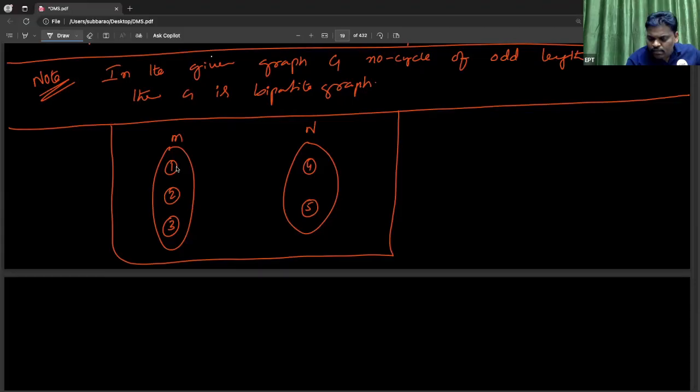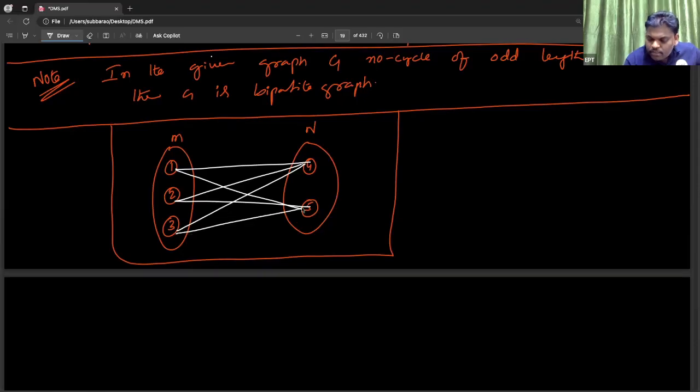Now see the next one. This is also bipartite. Now listen, everyone. In M, vertex 1 has an edge to everywhere in N. Vertex 2 has an edge to everywhere in N. Vertex 3 has an edge to everywhere in N. Remember, this is also bipartite, but every possibility is covered.